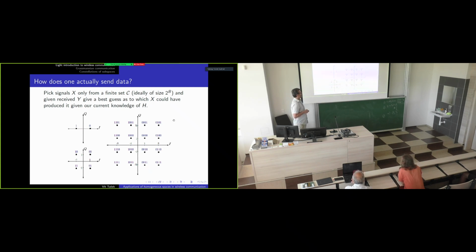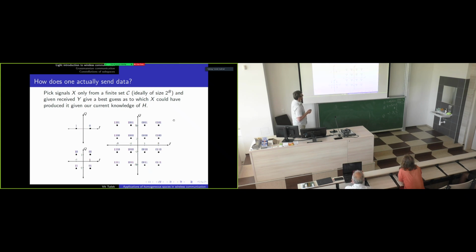This is quite important for applications, as you can imagine. All these questions like how to actually label our set, how to pick our set, and so on, lead to some NP-complete problems. So a lot of optimization and heuristics is needed.